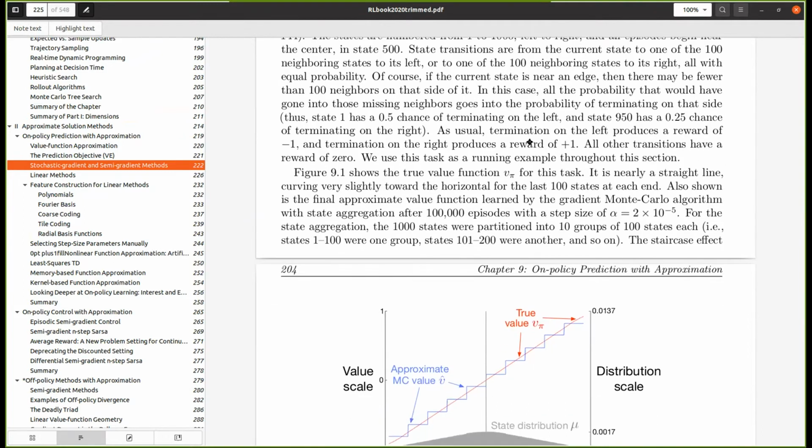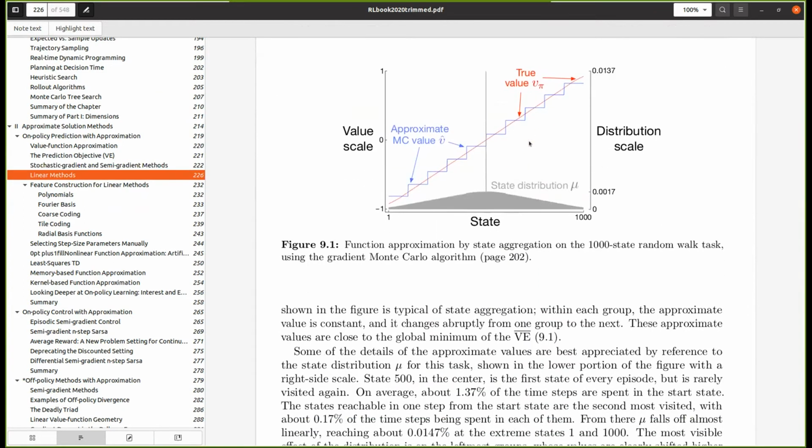What we have is just our Markov process with 1000 states, and we randomly transition with equal probability to the left and to the right within a boundary of 100 states in both directions, I guess.